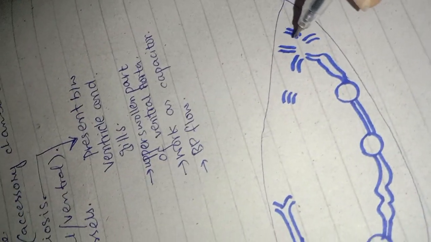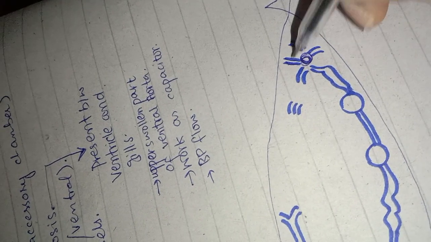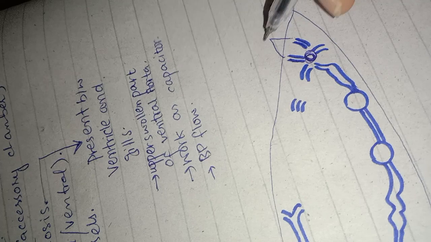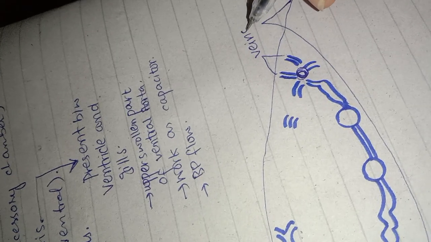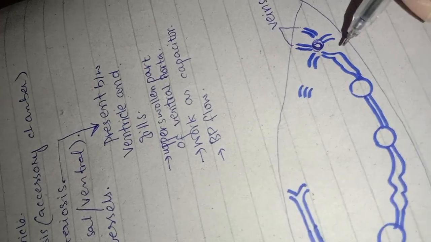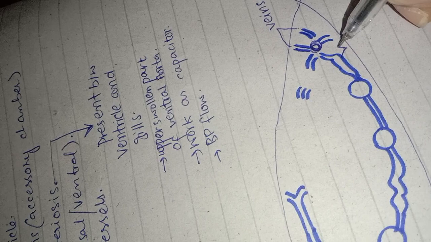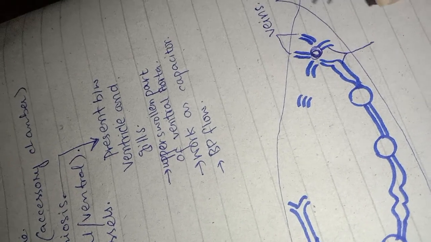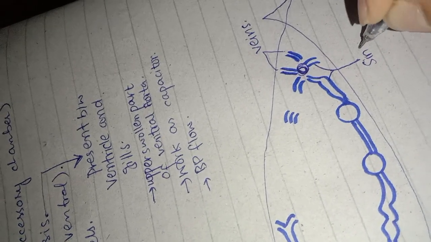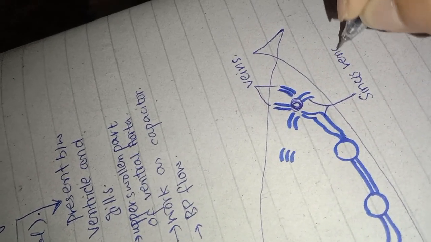Let's move towards the diagram. The heart of the fish is present over here. These are the veins. This one is the sinus venosus.